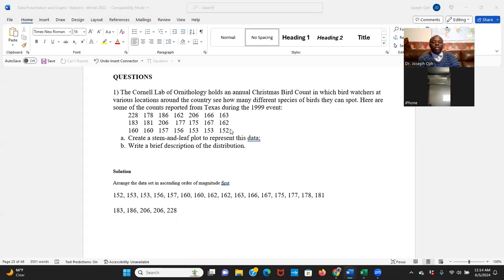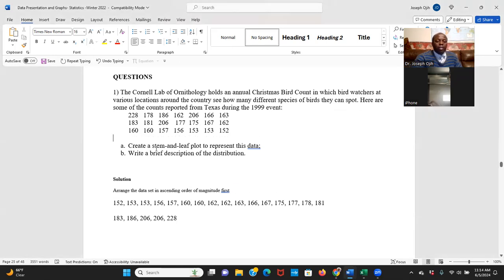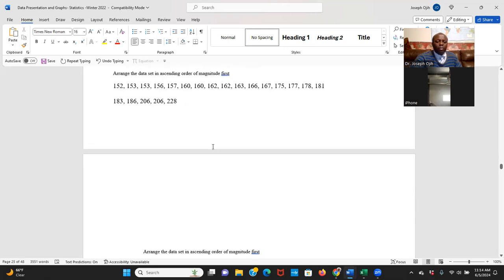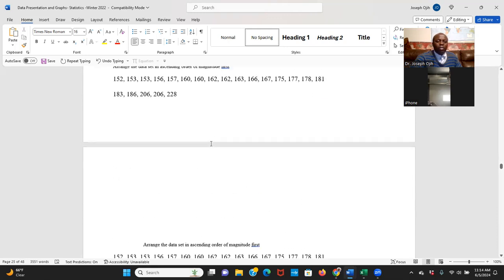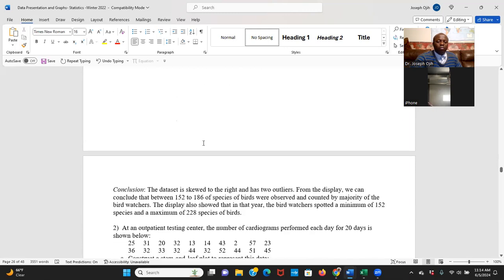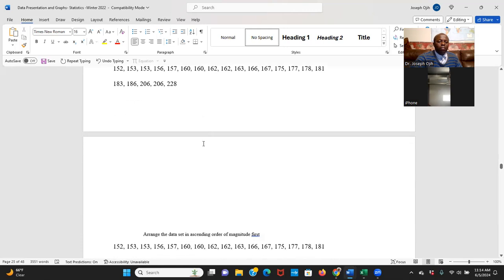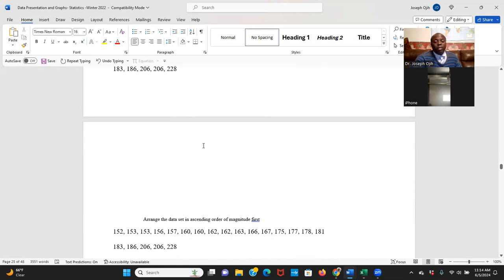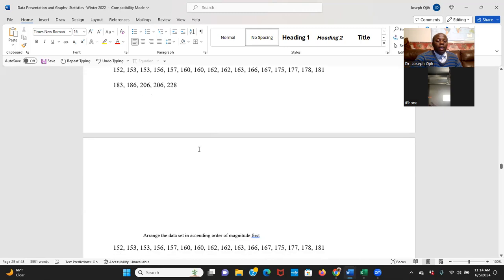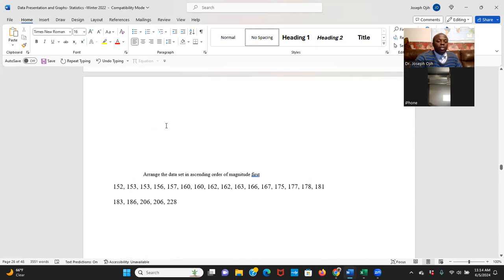Here are some of the counts for the 1999 event in Texas. Create a stem and leaf plot to represent this data. Write a brief description of the distribution. I'll just put the description; let me remove this, it's a repetition.